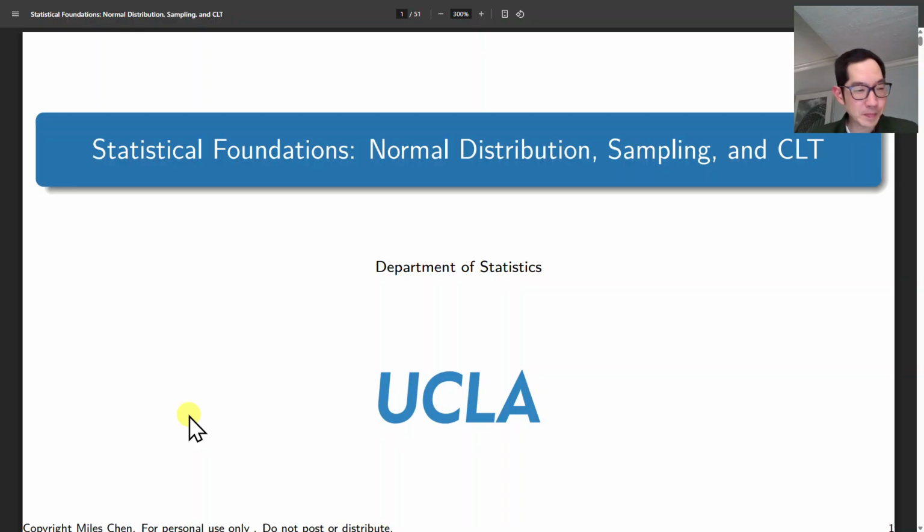I want to spend a couple lectures covering some statistical foundations. We've been doing a lot of statistical summaries and data visualizations, which is important.